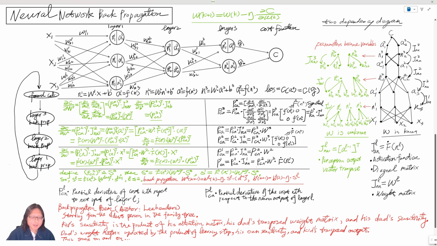The dad's weight matrix is updated by the product of the learning rate here, his own sensitivity here, and the kid's transposed output, this one. So this goes on and on. Okay, that's pretty much it. Hope you have some better understanding and have a little bit of fun with this poem.